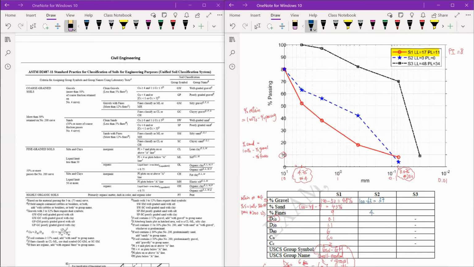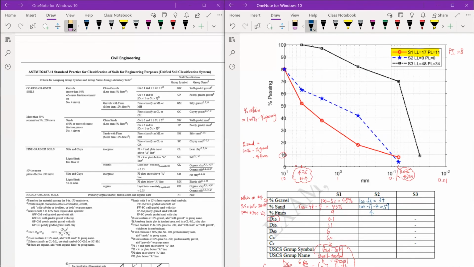And percent sand can be easily calculated as 100% minus percent gravel minus percent fines. So we do our math here: 100 minus 37 minus 4. So percent sand in this case is 59%.